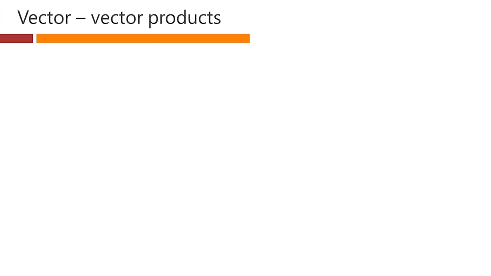A particular special case of matrix-matrix multiplication is the rather simple one of vector-vector products. And we're going to work with these to point out some of the things that happen when you take vector-vector products, which turn out to be quite interesting.